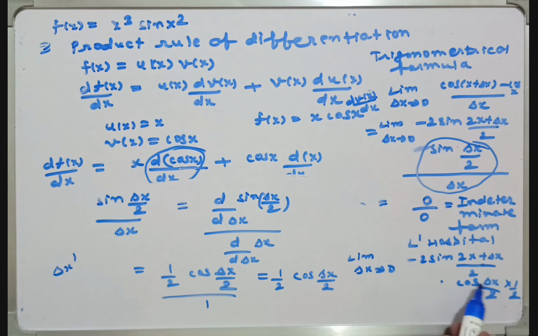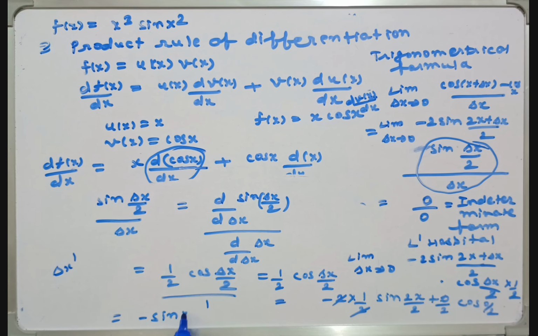So when you put the value of delta x as 0, finally what you get is minus 2 into 1 by 2, or sine of (2x plus 0) by 2, times cos 0 by 2. So finally this 2 cancels out, or you can say only minus sin x is coming.